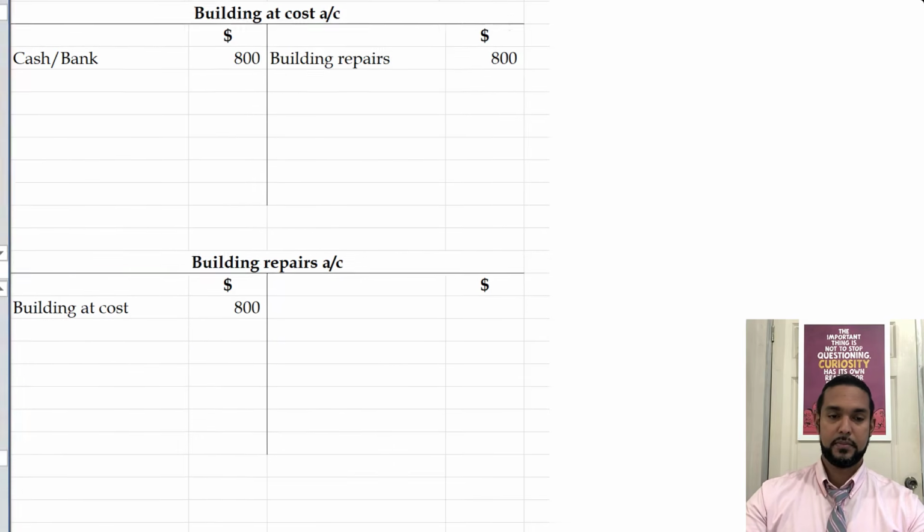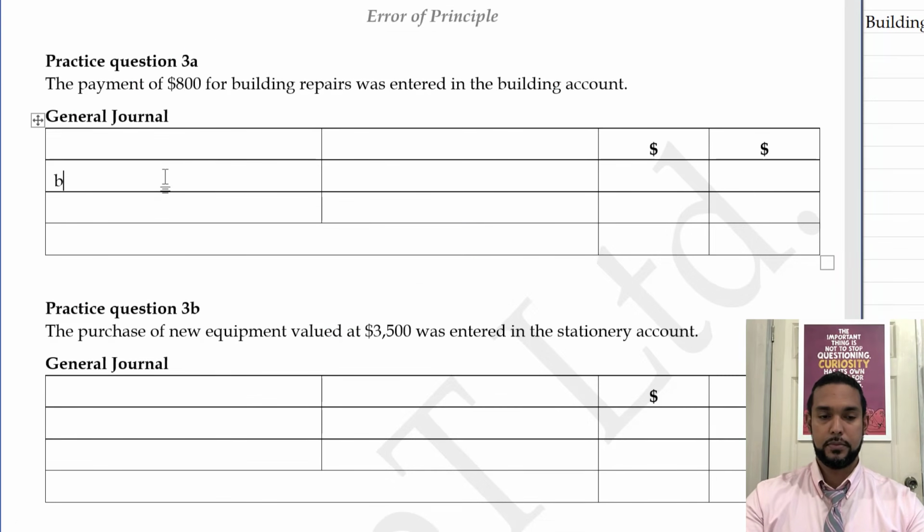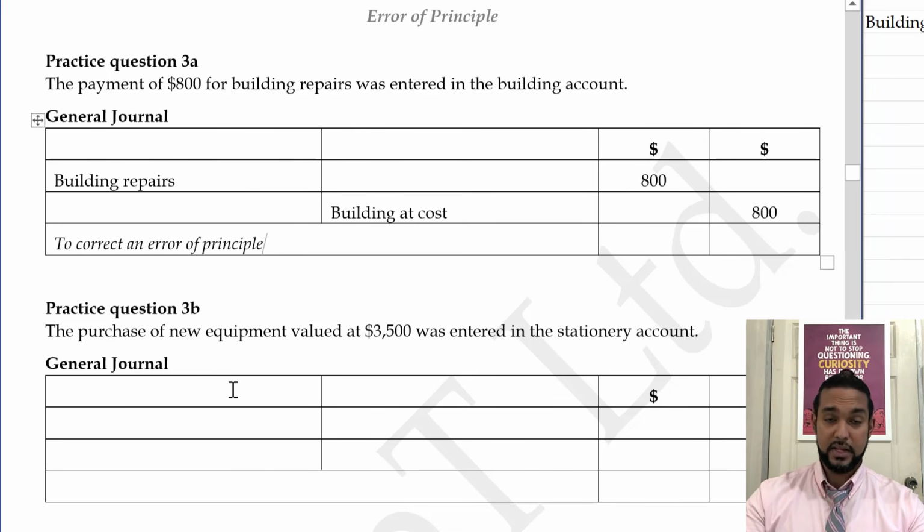That was 800, and we credit building at cost as the asset account. And this is to correct an error of principle. I think I have to go and practice my typing. I'm a little rusty, clearly.